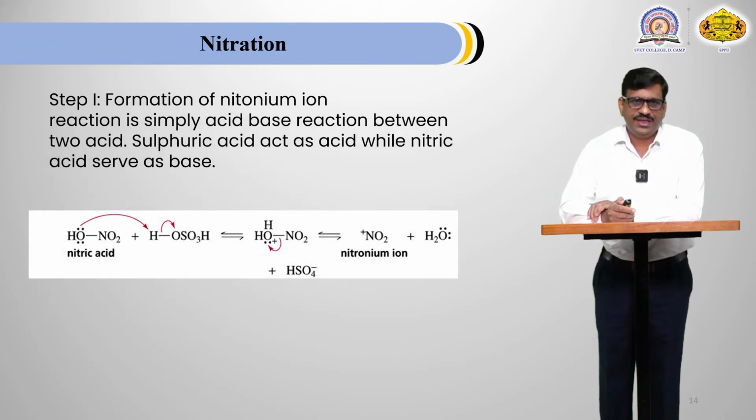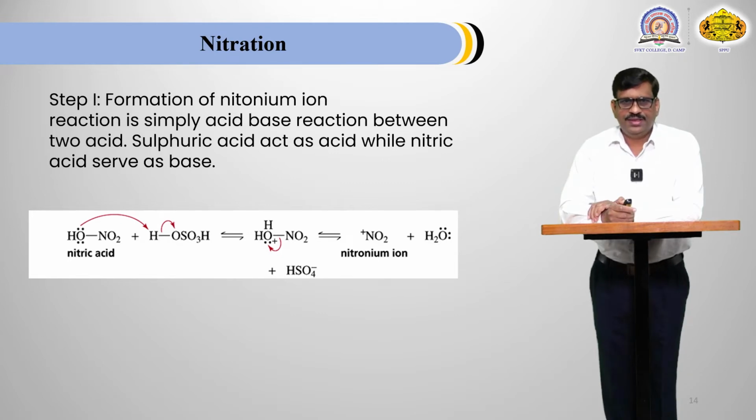Now the mechanism of nitration reaction. Nitration reaction involves different steps. Step first is formation of nitronium ion. Nitronium ion is the electrophile which is required for the nitration reaction, and it is generated from the nitrating mixture. In the nitrating mixture, two acids are present, nitric acid and sulfuric acid.